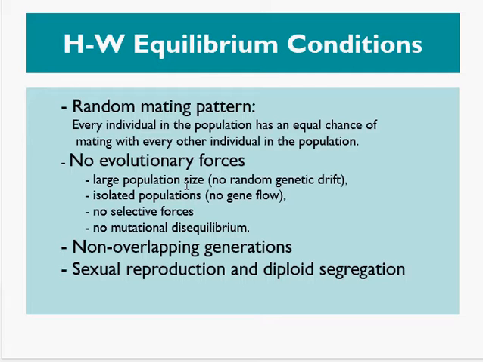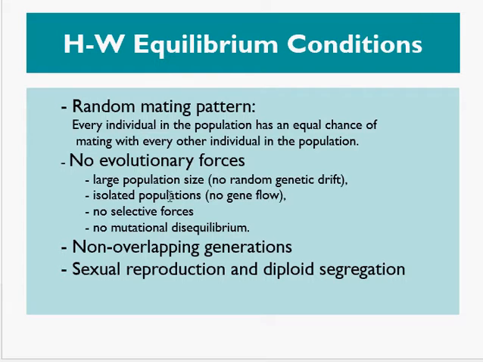For that to happen, there must be a large population size, which means random genetic drift does not occur. Now, you don't know what random genetic drift is yet, and we'll talk about that in the next video, I think. You must have isolated populations, and there is no gene flow between those populations.